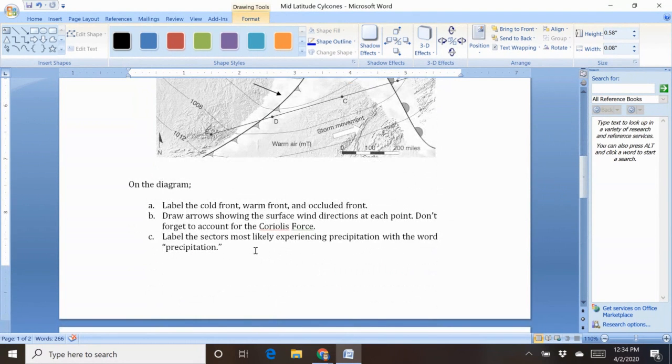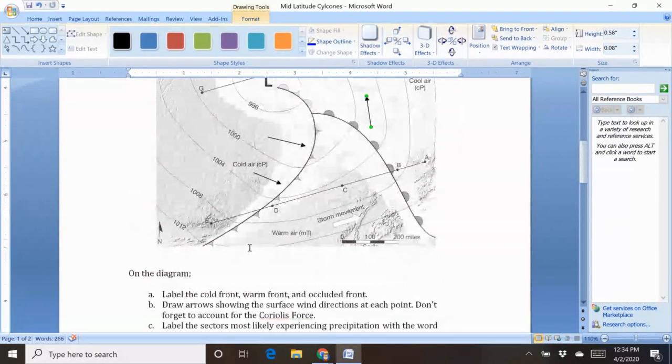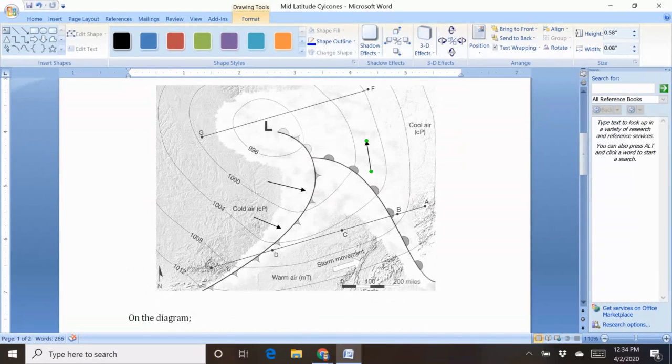Then finally, it says label the sectors most likely experiencing precipitation with the word precipitation. Well, we know that in front of a cold front, where there's very warm air, it's hard to see here, but you'll probably be able to see it better on your computers. This area that's all drawn out is actually clouds.